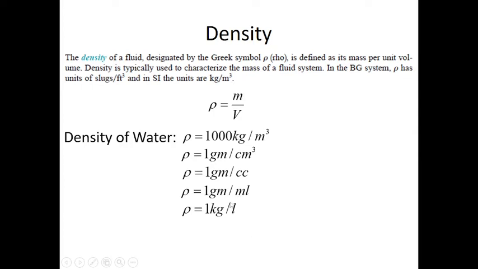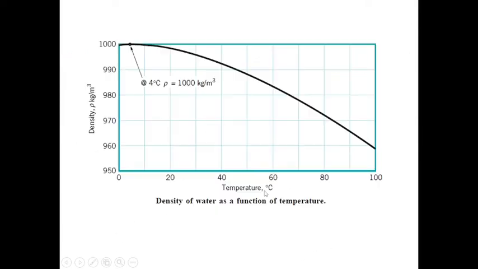Ayan. 1 litrong tubig, 1 kilong tubig. No? 1 litro, katumbas ay 1 kilo. Ito yung standard density ng tubig. Okay? 1.94 slug per cubic foot naman siya. Sa BG unit, 1.94 slug per cubic foot.